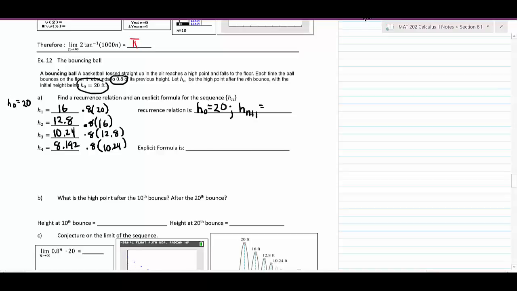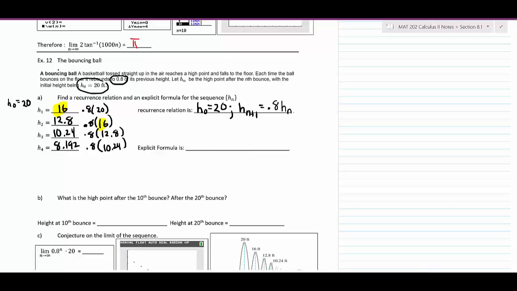You can think of this as your h of n. To get the next term, you did 0.8 of the previous term. So you write this like this: 0.8 times, and we're using h this time, so h sub n. So that's your recurrence relation, and that's what the problem is saying.